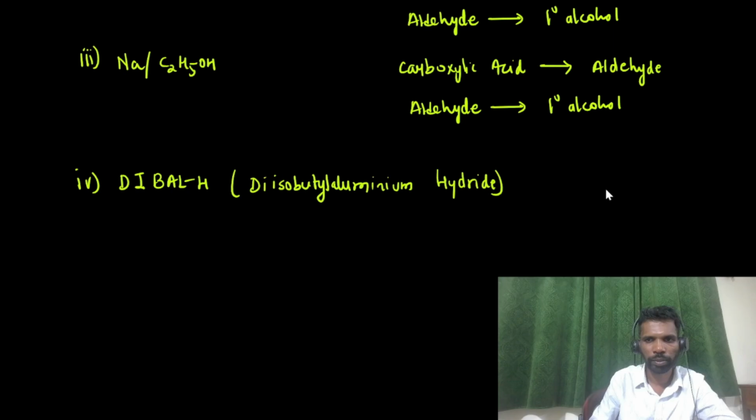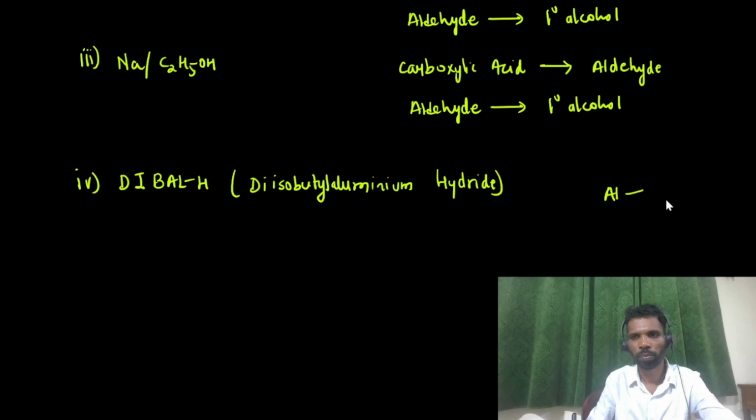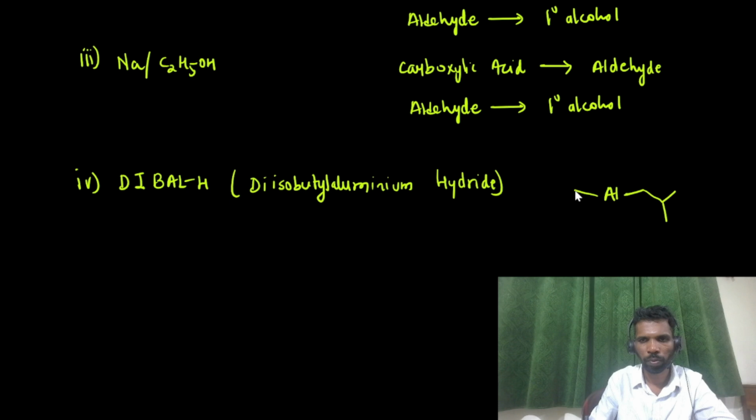It is like this. This is an isobutyl group and there is a hydrogen. This is the structure of this.